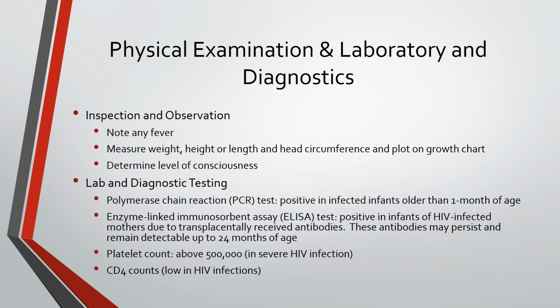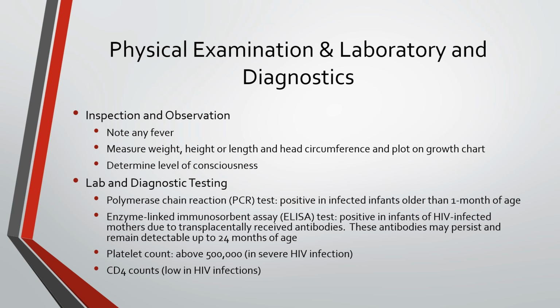The ELISA test, or the enzyme-linked immunosorbent assay, is less accurate than the PCR. It may be positive in infants of HIV-infected mothers due to transplacentally received antibodies. So it may show up positive because of the antibodies from mom. These antibodies may persist and remain detectable up to 24 months of age.